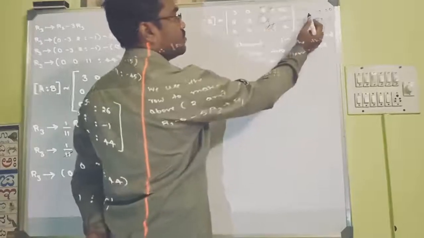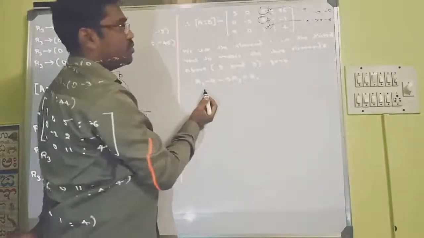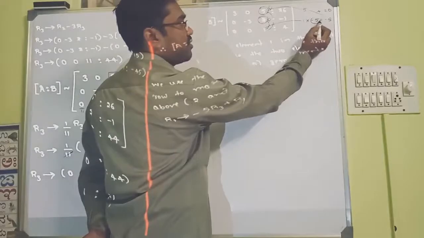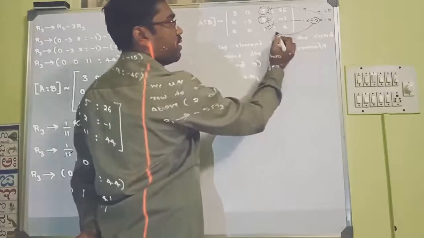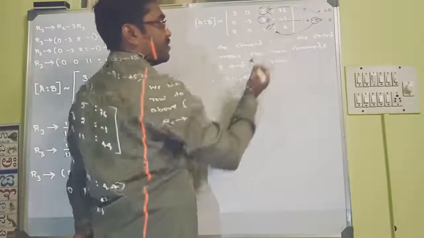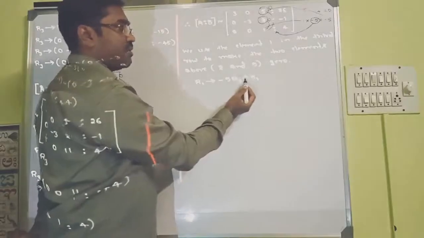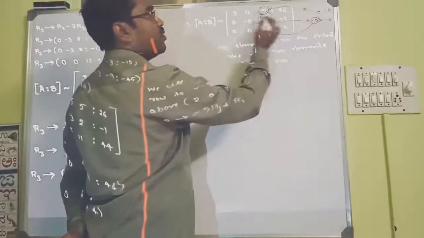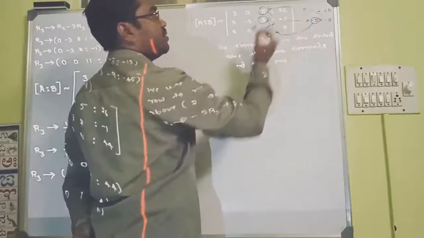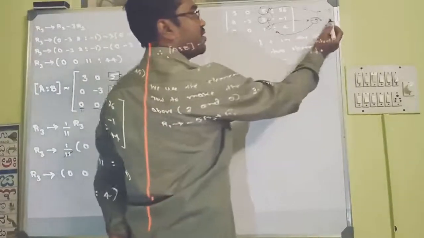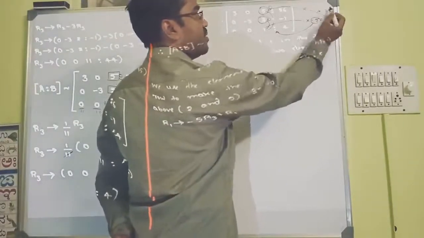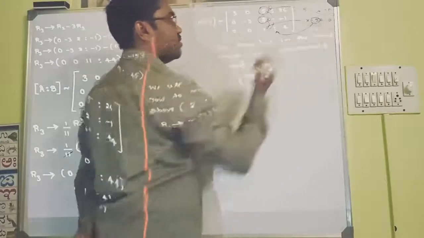R1 changes to minus 5 times R3 elements plus R1 elements, so that minus 5 plus 5 gets cancelled. Your answer will be 0.